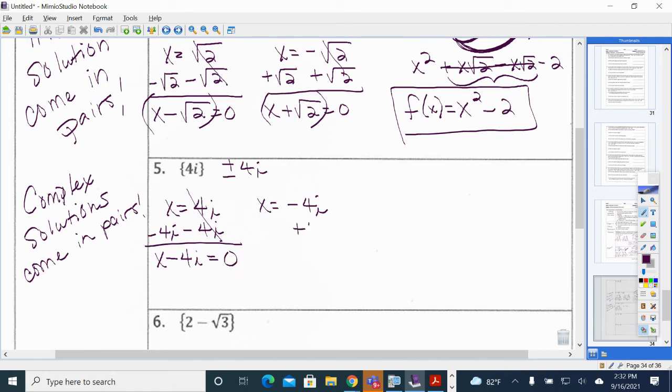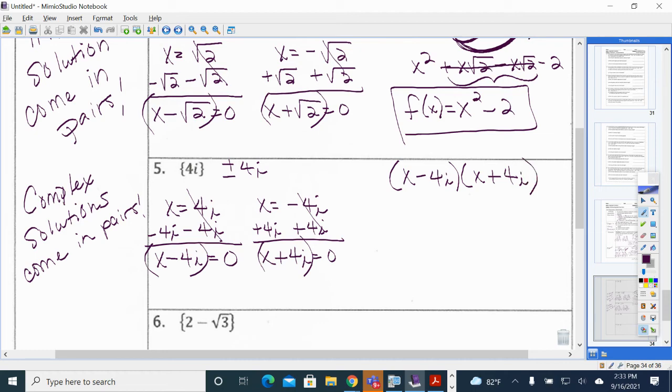On the next one, we're going to add the 4i, and we get x plus 4i. And we're going to take our x minus 4i and multiply by the x plus 4i. Same process. X times x is x squared.